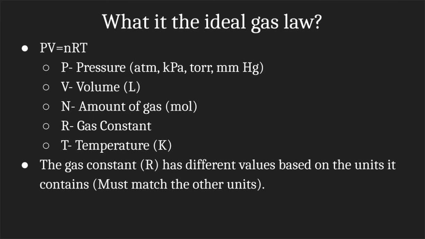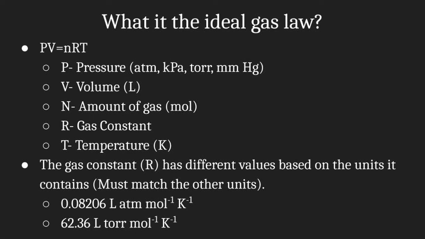So now, our gas constant, R, has different values based on the units it contains, and it must match all the other units. So, if we have our pressure in atmospheres, we're going to use that R is equal to 0.08206 liters atmospheres moles to the negative first, Kelvin to the negative first.